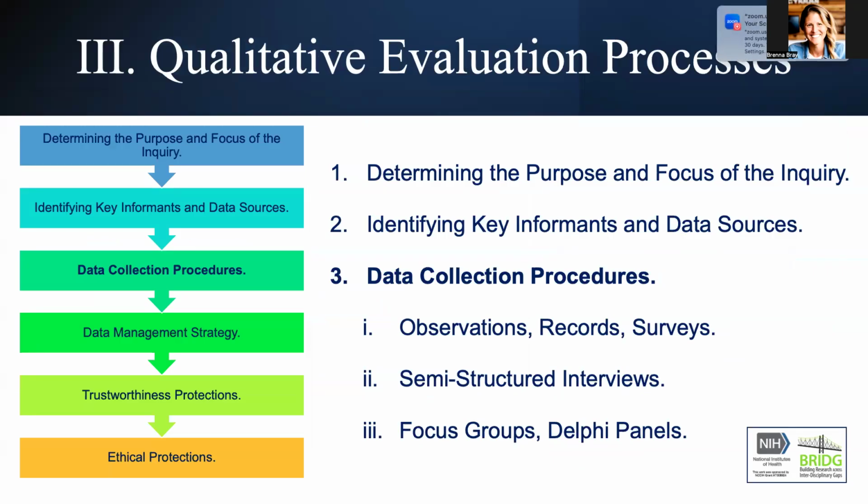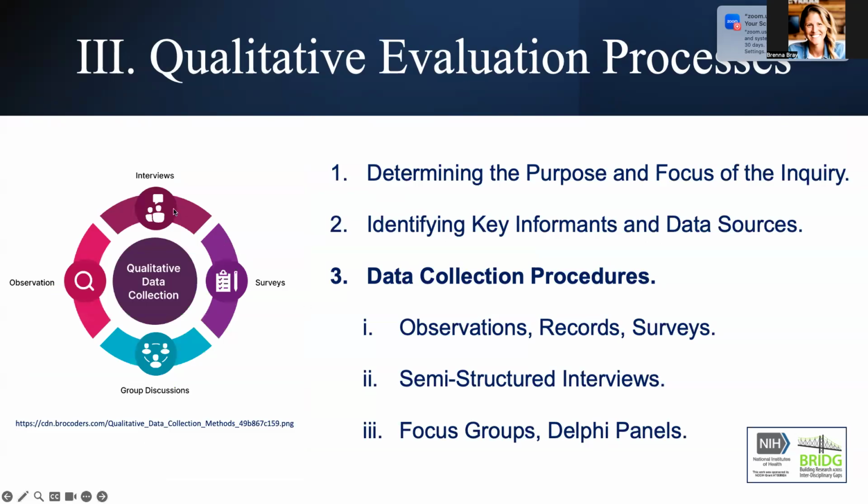So briefly, we can break qualitative evaluation processes down into a few components, and these are the components we're going to be covering in this course. We're going to talk about determining the purpose and focus of inquiry, identifying key informants and data sources, identifying data collection procedures, and we're going to focus on observations, records, and surveys, semi-structured interviews, and focus groups and Delphi panels.